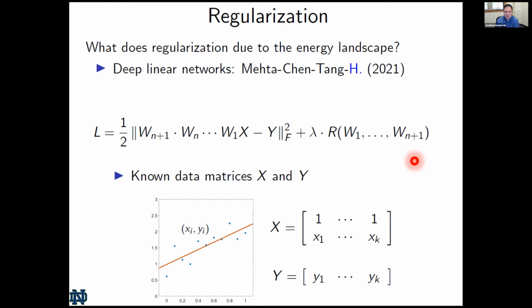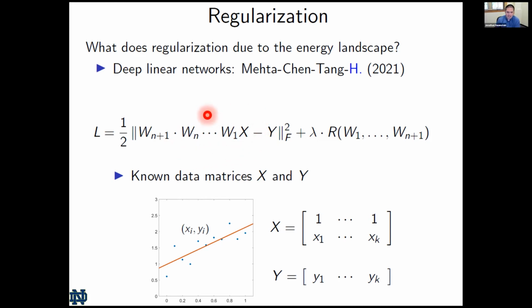Okay, so our accepted work was we wanted to study what regularization does in deep linear networks. We picked deep linear networks because we could actually solve a lot of the problems there. It made it easy from a theoretical perspective to set up the polynomial equations and use homotopy continuation to compute the answers. So here's the fitness function. You have your input data X, your output response Y, and then these W's tell you the linear network structure.